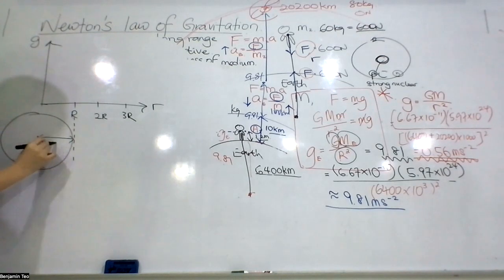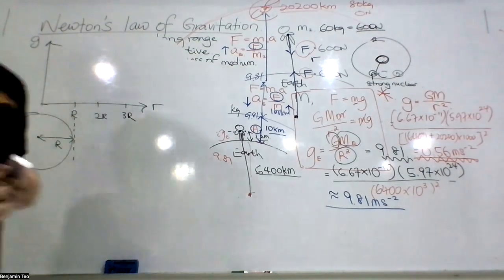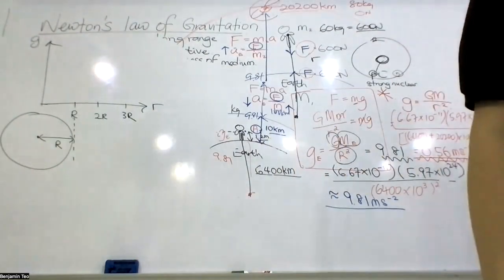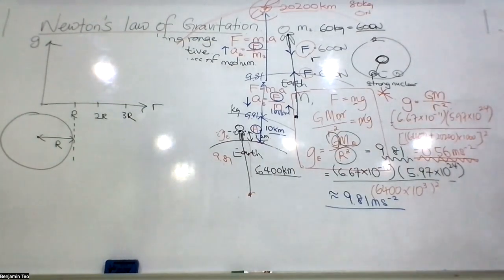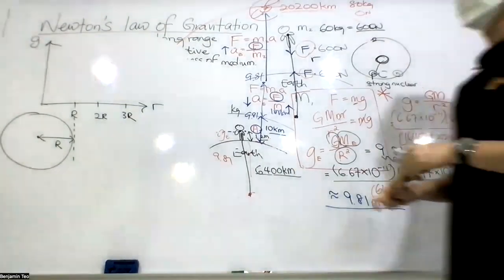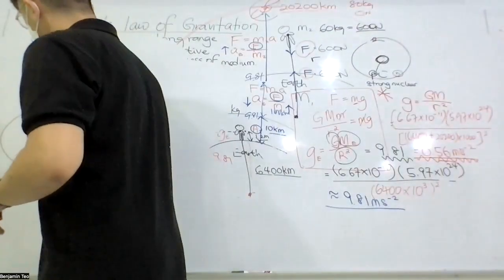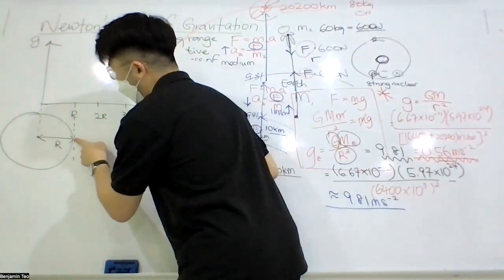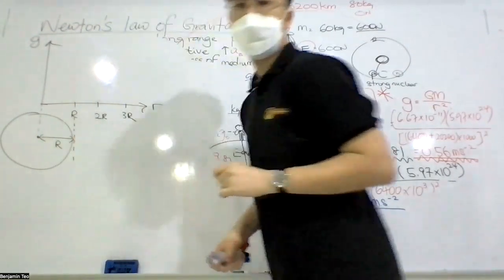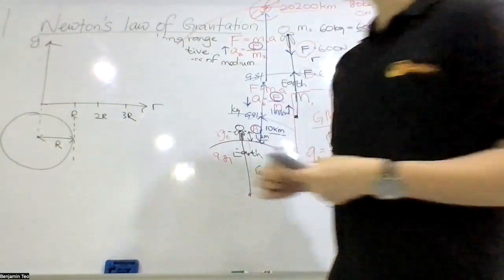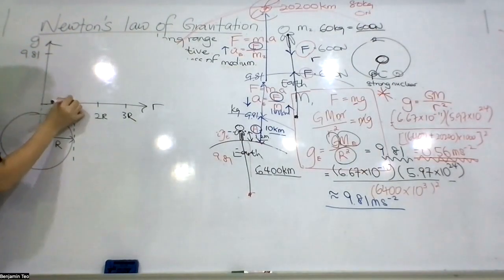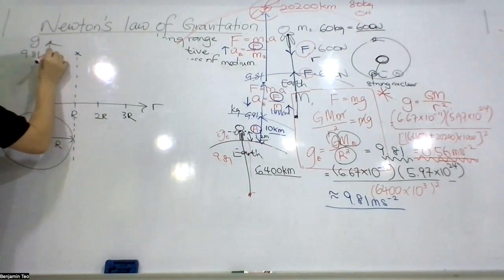Here to here is R. We know that at the surface it is 9.81. Let's draw here, 9.81.